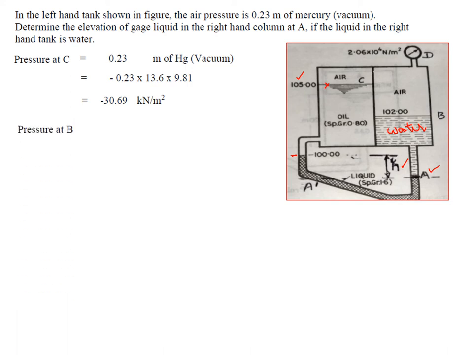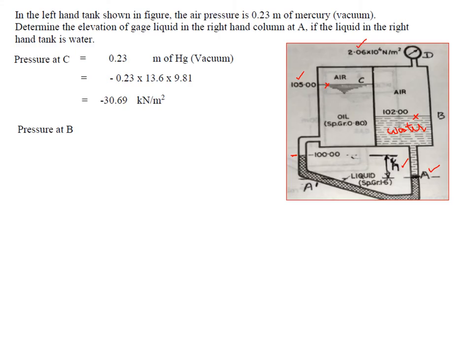Similarly, reference pressure here at B was also given. So you know that the pressure at D is given, which is 2.06. Since it is air, the air pressure is given here, which will be acting on point B. So the pressure at B will be equal to 2.06 into 10 raised to 4 Newton per meter square.